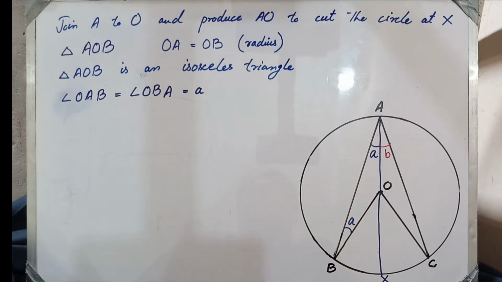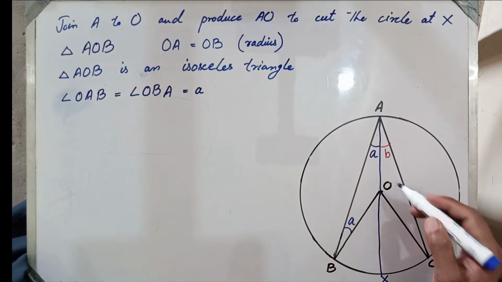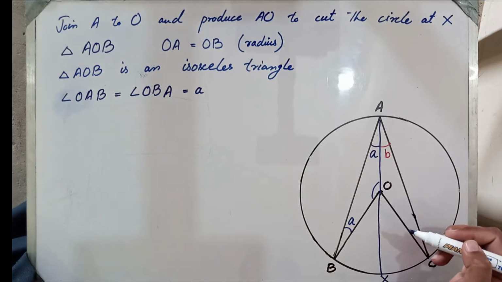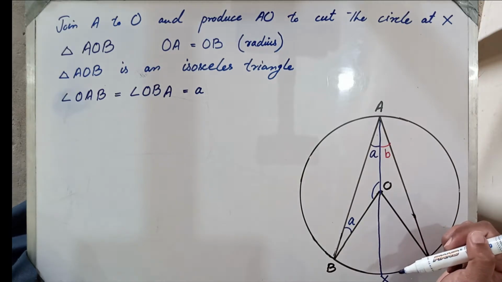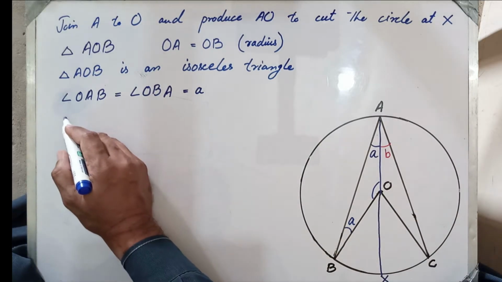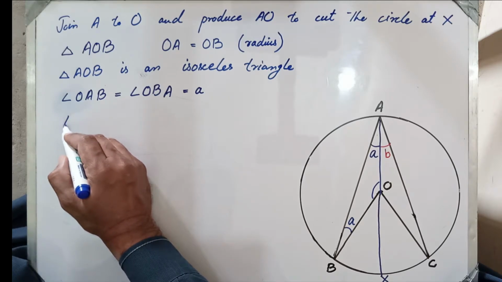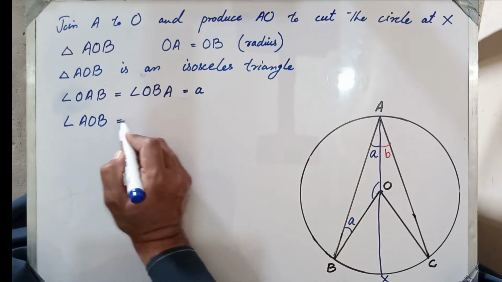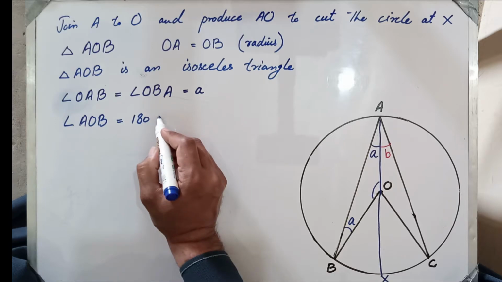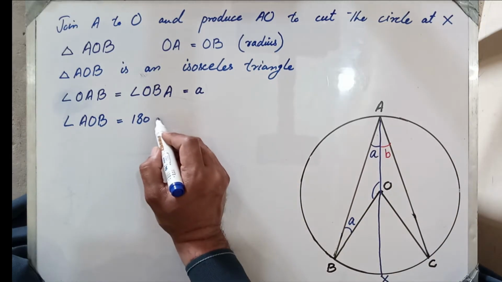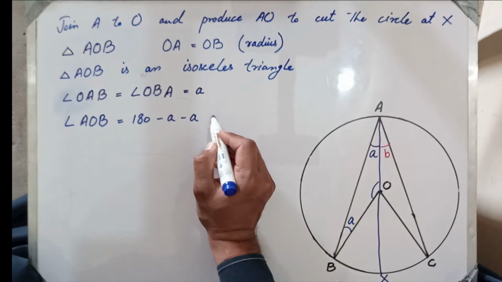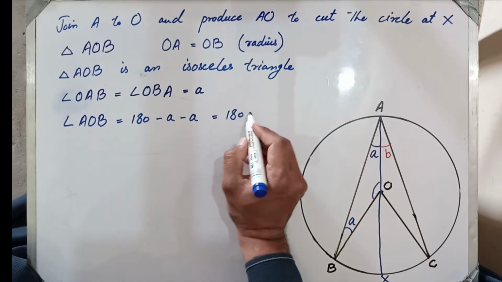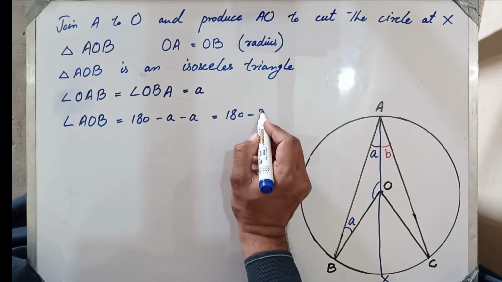And students, you know that the sum of all angles of any triangle is always 180 degrees. So you can find this one by subtracting these two angles from 180 degrees. Here angle AOB will be 180 minus 2a.